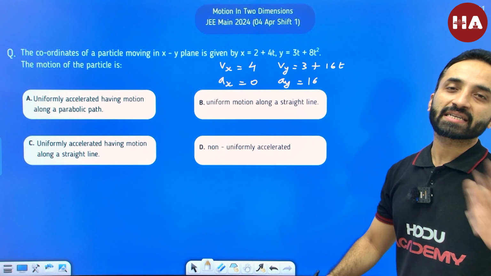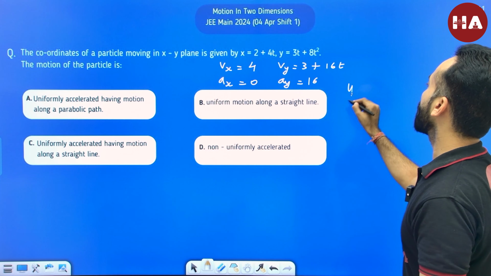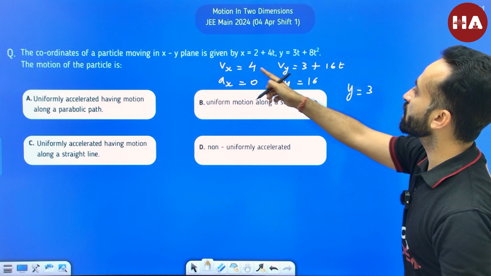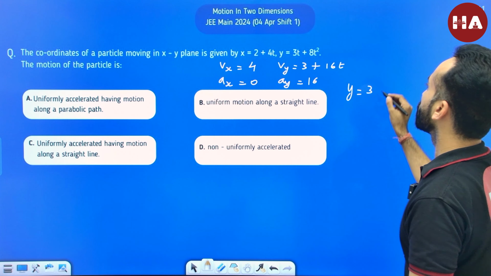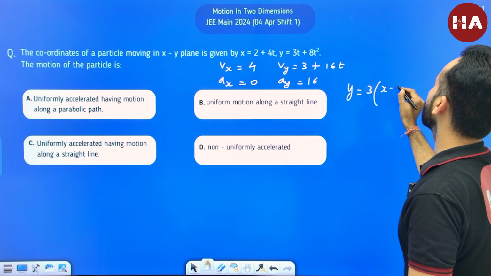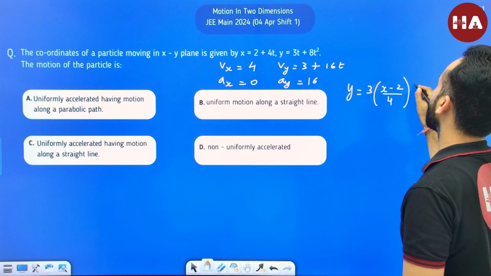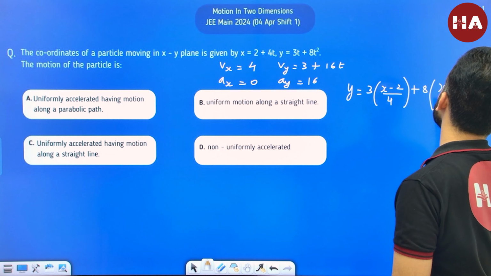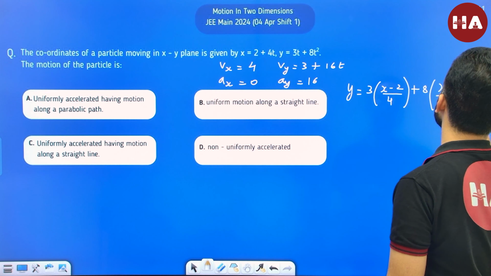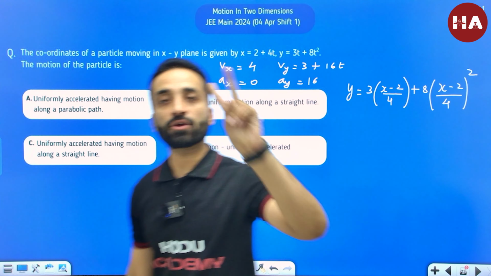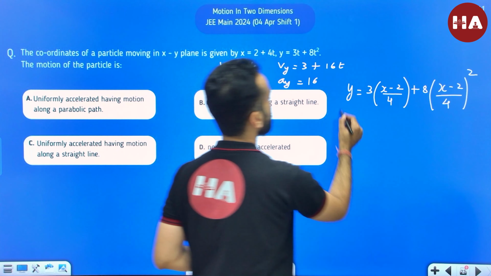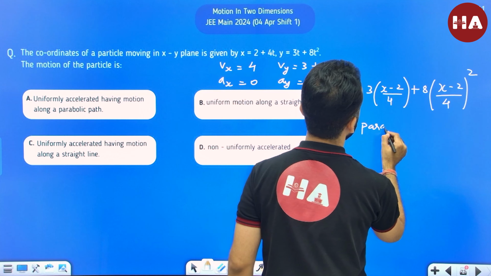Let's eliminate time from the two equations. So I would write y equals 3, and time I can write as x minus 2 divided by 4, plus x minus 2 divided by 4 whole squared. Since degree of y is 1 and degree of x is 2, this trajectory is a parabolic trajectory.